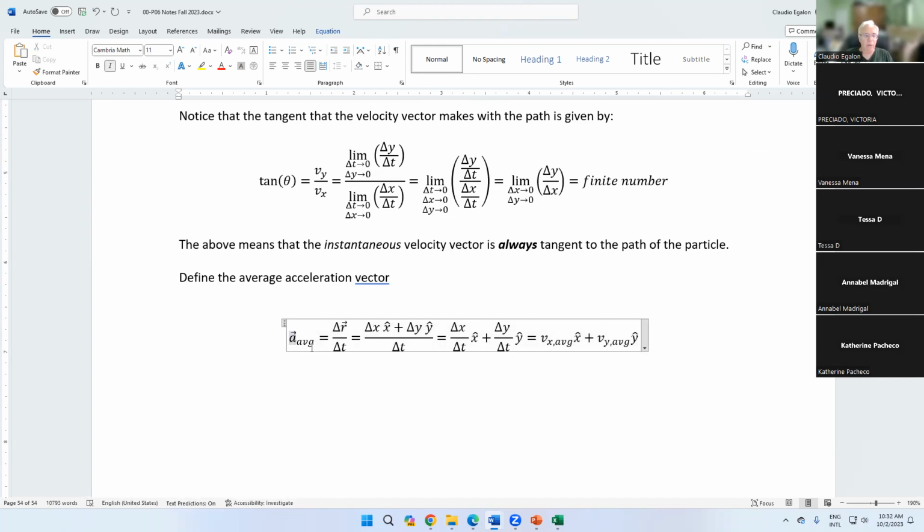But instead of delta r, we are going to have delta v here, right? Instead of delta x, we are going to have delta vx, right? Instead of delta y, we are going to have delta vy in the y direction, right? So here we go.